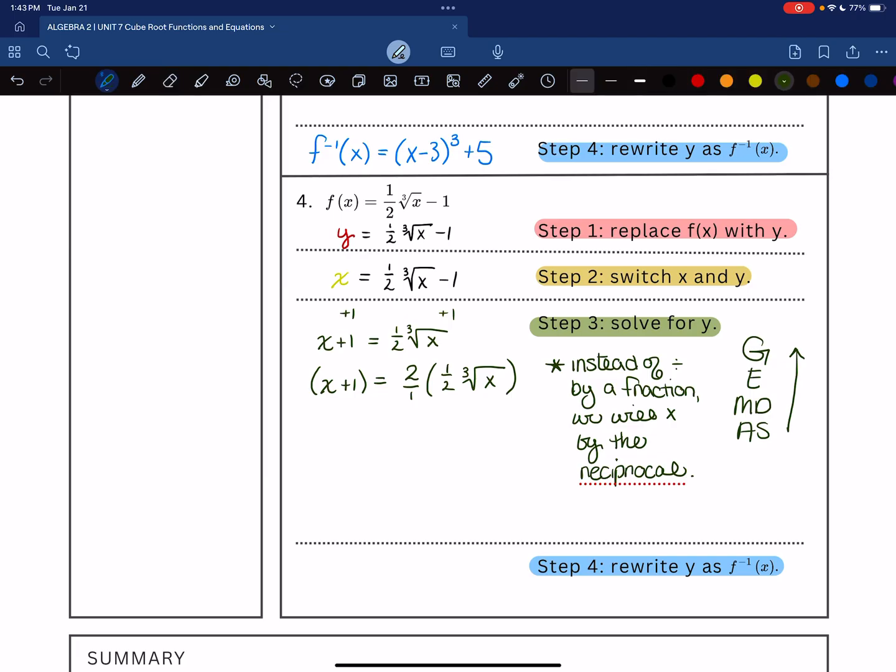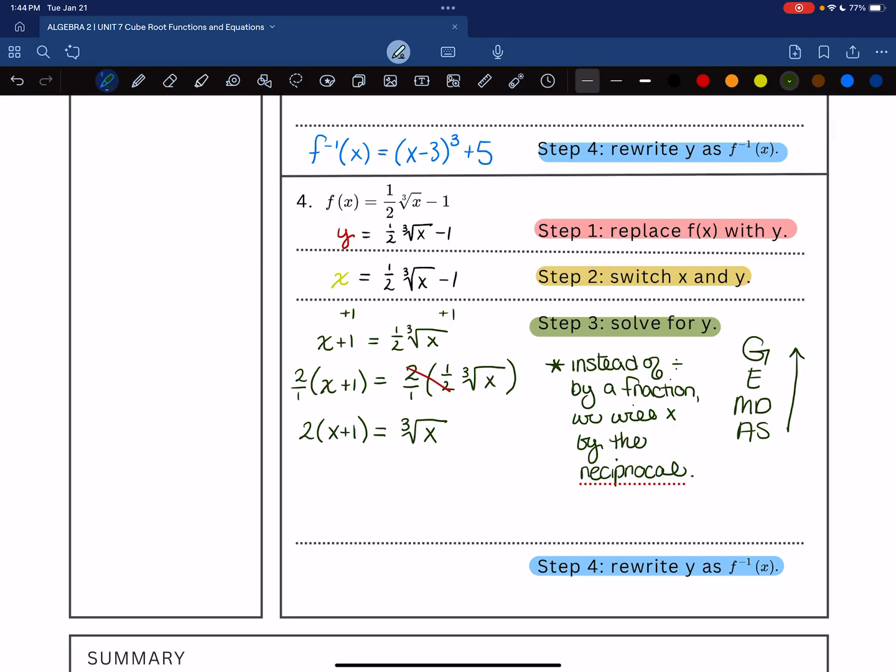But I'll leave that 2 over 1 just so we can see that was the reciprocal. So that's going to cancel this operation here. And we're ready. We've got 2 times the x plus 1 equals, now all that's left on this side is the cube root of x.